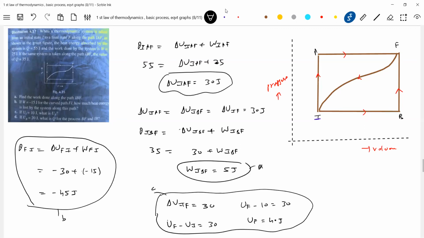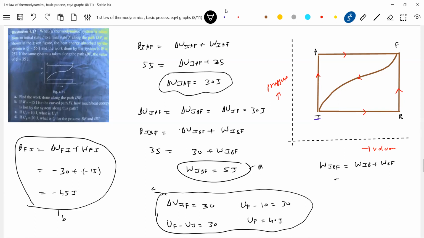Individually it is asking here. Do we know W_IBF? And we know the U_F value also. We know U_F and U_B. Let's break this up. W_IBF should be equal to W_IB plus W_BF. Do I agree with this?